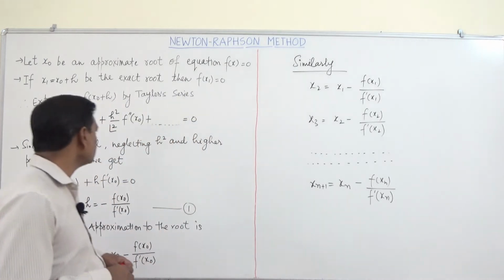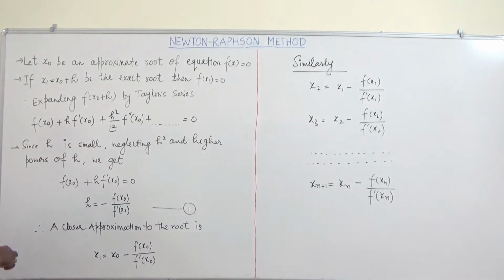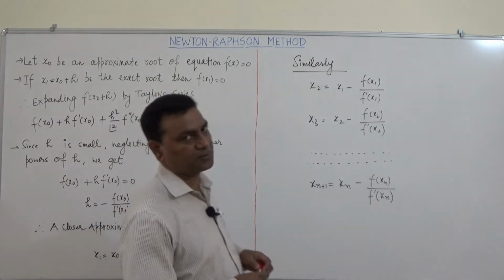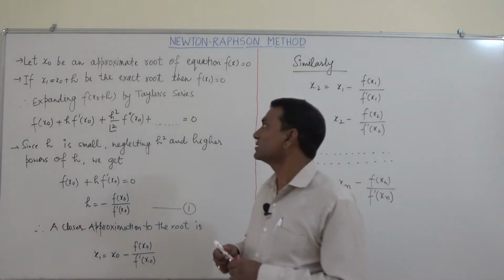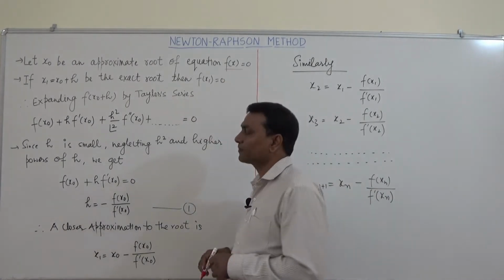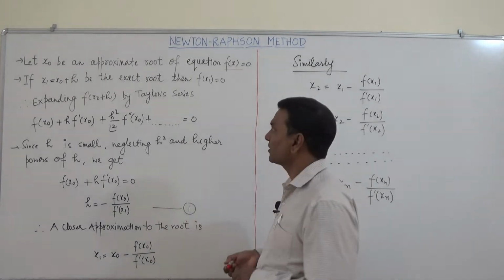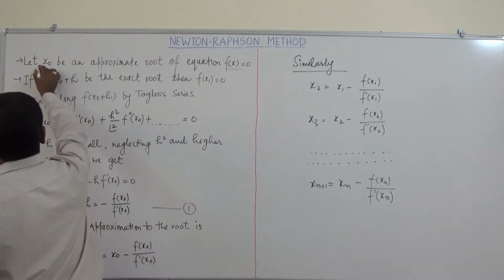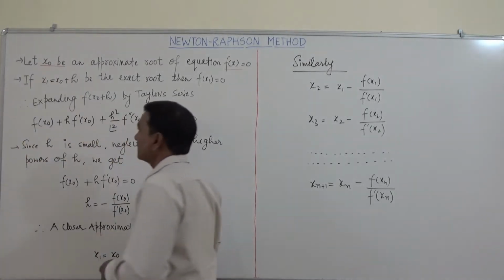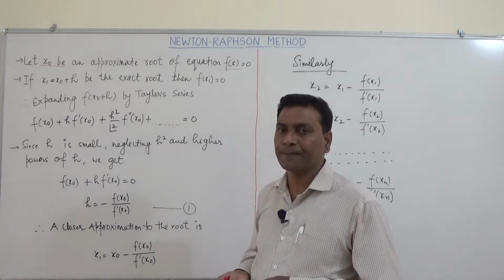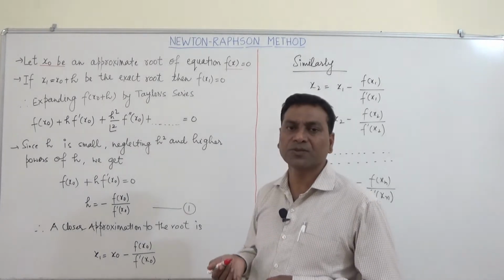Let x0 be an approximate root of the equation f(x) = 0. We are saying the equation is f(x) = 0, and x0 is any approximate root of the equation. Now suppose the first approximation is x1, which equals x0 plus h.